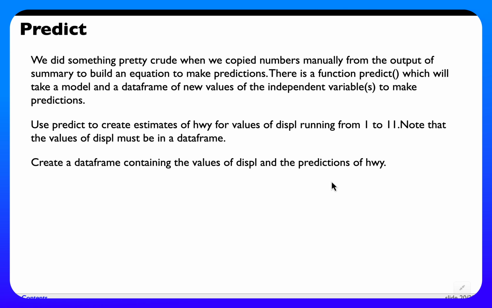Note that the value of displacement must be in a data frame, so you can create the vector displacement, and then when you put it into predict, it has to be a data.frame of displacement. Even though there's only a single variable, you make it into a data frame, because the predict function requires a data frame.